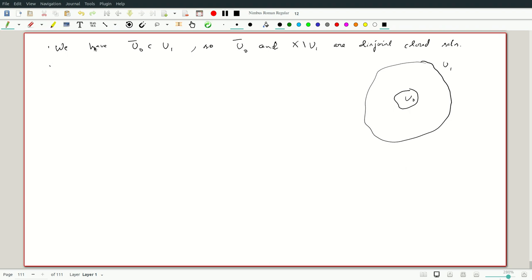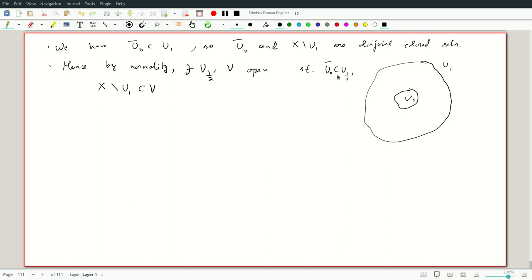Now we use the same method that we used earlier. Hence by normality there exist U half and V, we'll reuse V since we discarded the previous V, open, such that U0 bar is contained in U half and the complement x minus U1 is contained in V. We want to construct V half.